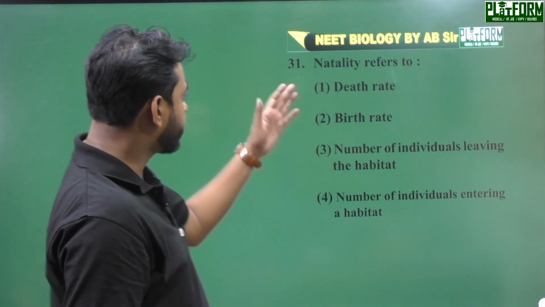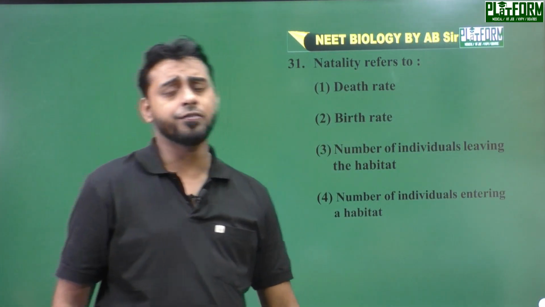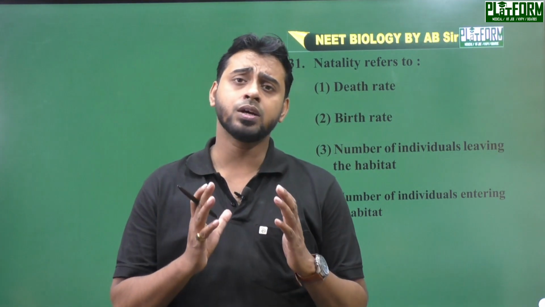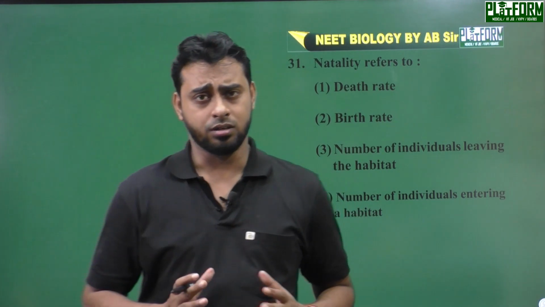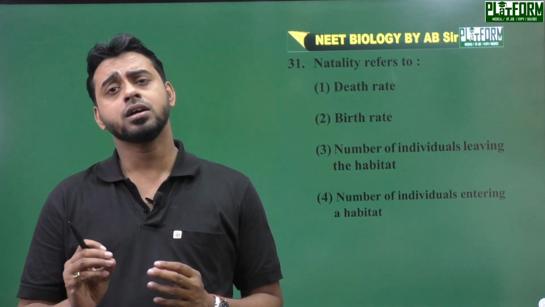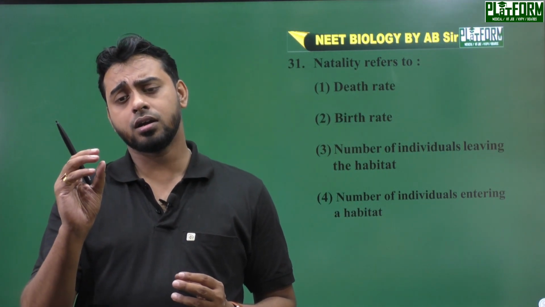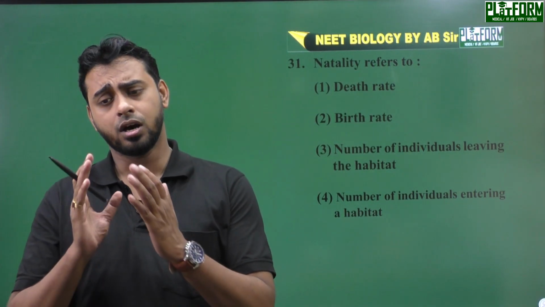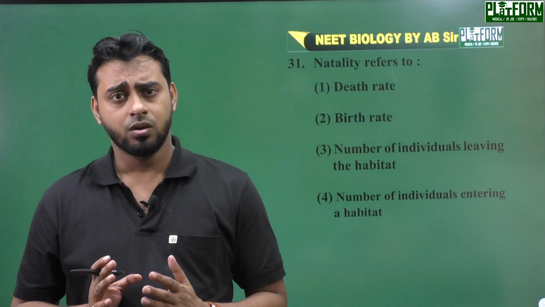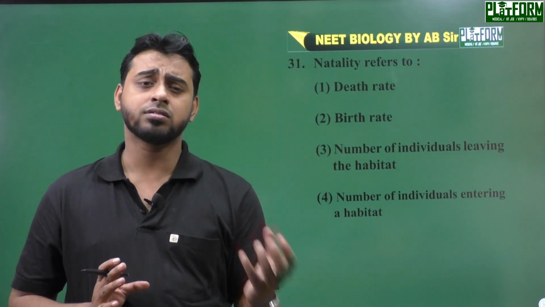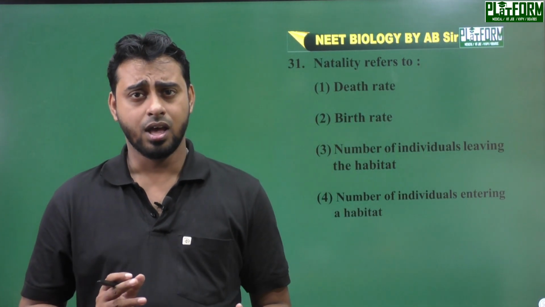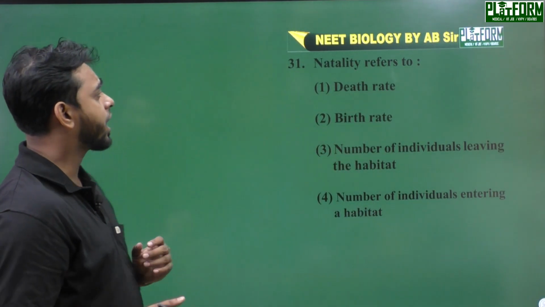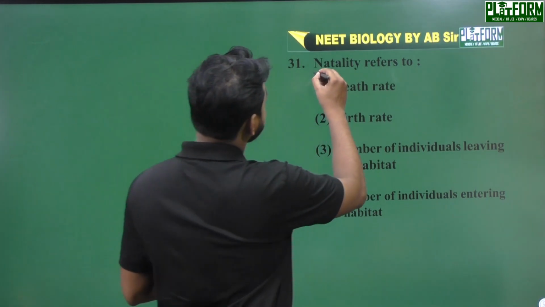Okay. The next question, the natality refers to. Now, we know that a particular population is actually determined by several types of parameters. Okay, a population with several characters, and among all the characters, the most important character is known as natality.